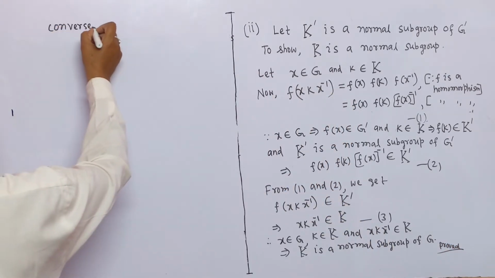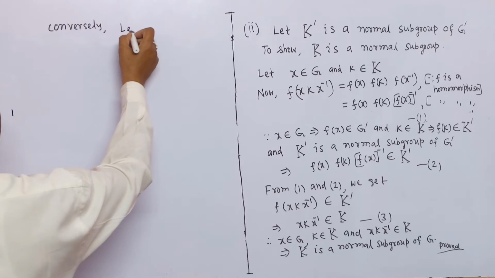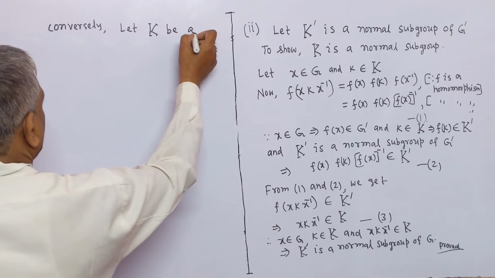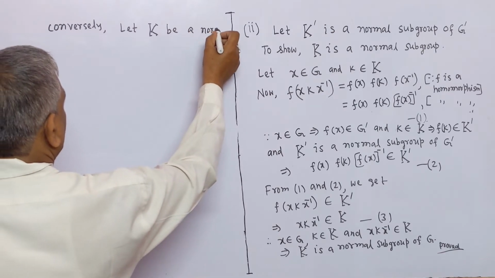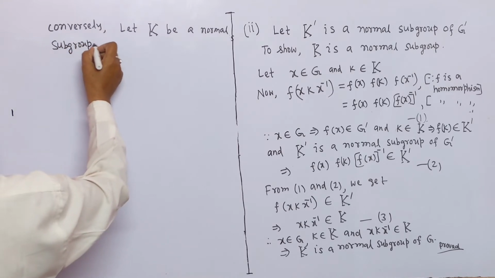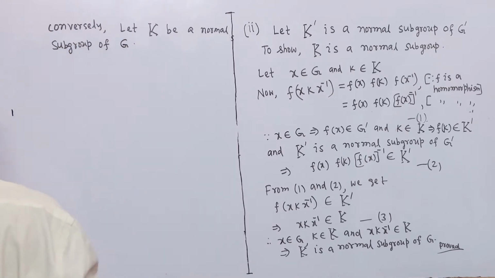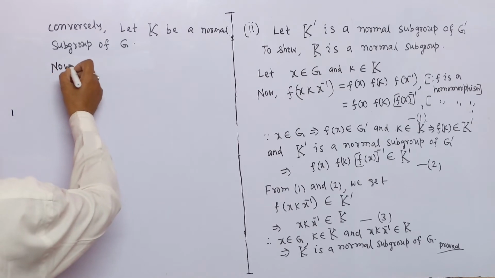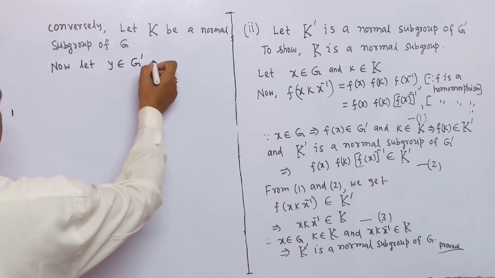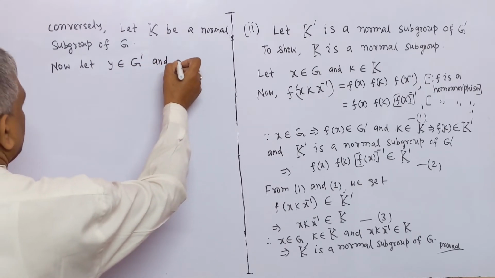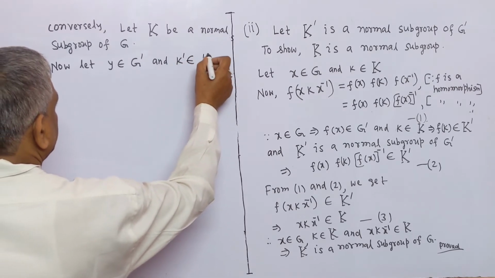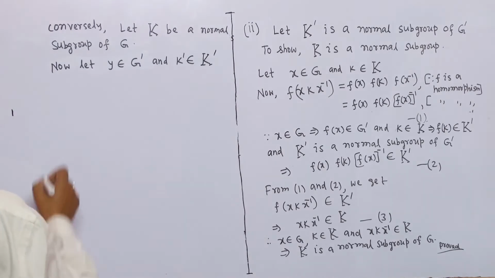Conversely, let K be a normal subgroup of group G. Now, let y belong to G' and small k' belong to capital K'.